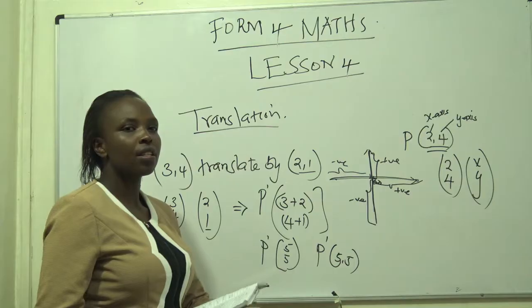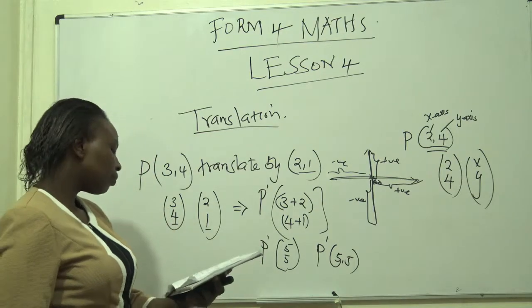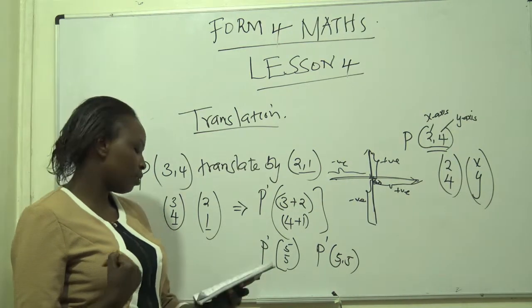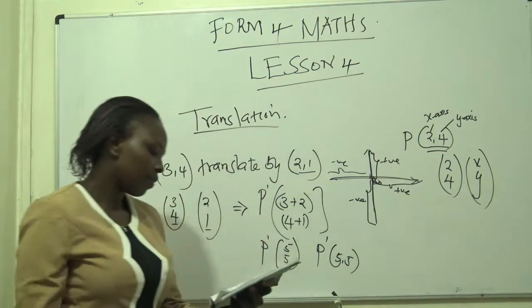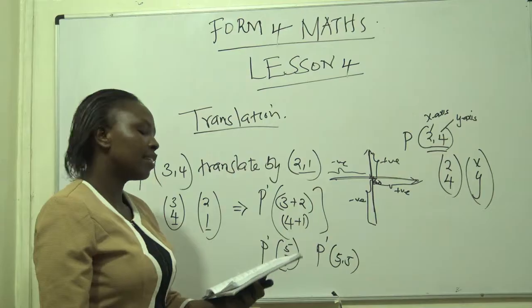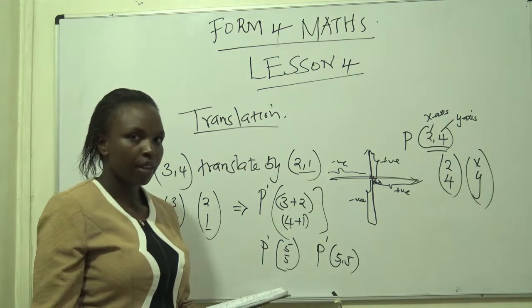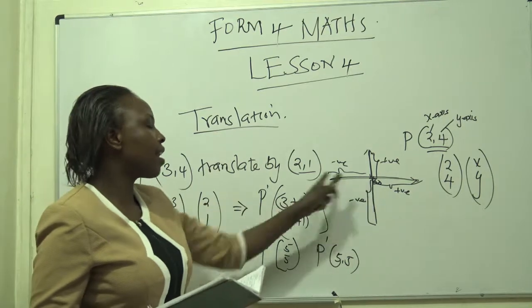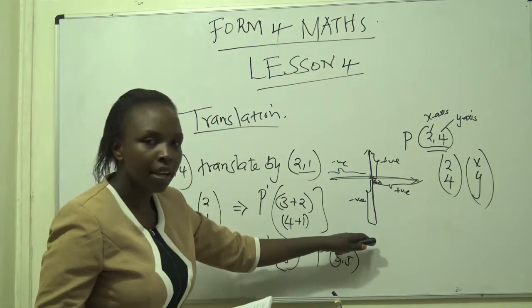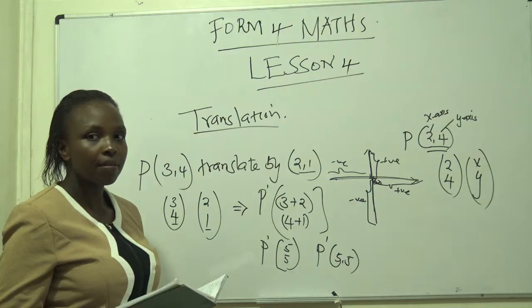When it comes to translation, it's also important to note that movement to the right and upwards is defined as positive. On the other hand, movement towards the left and downwards is defined as negative.